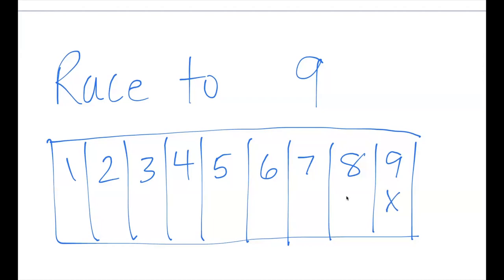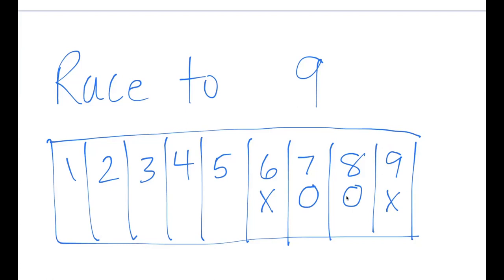So if you work backwards from there, notice that if you get 6, then no matter what O does, you'll be able to get 9, right? Because if they just take 7, then you'll take 8 and 9 and win. Or if they take 7 and 8, then you just take 9 and win. So as long as you get 6, you win, right?